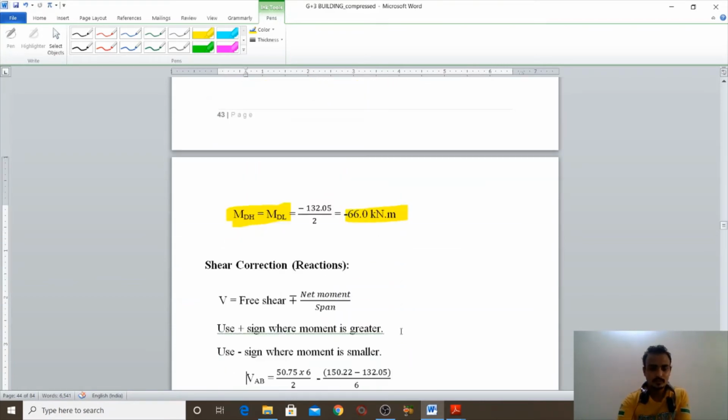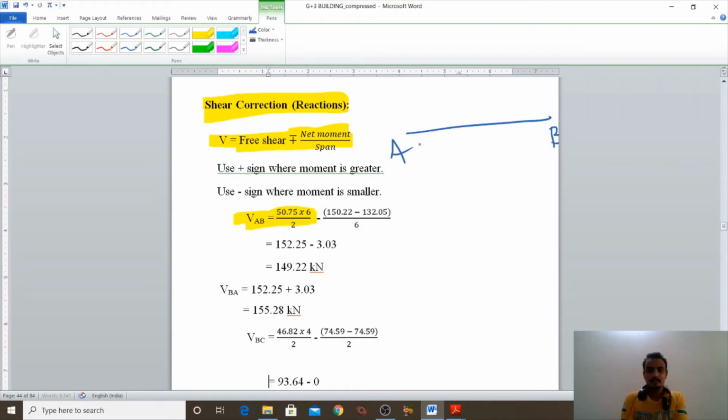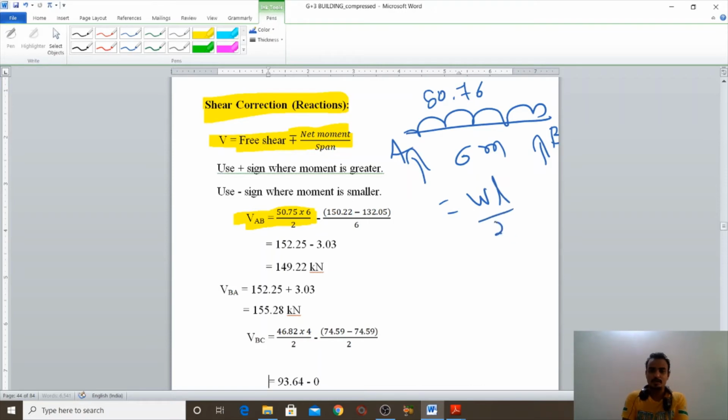Then after that, shear correction. We have to find out shear correction. Shear correction V equals free shear plus or minus net moment about span. Okay. So for VAB, 15.75 into 6 divided by 2, it's a free shear, means a reaction. You can see here is a beam A and B. Load on the beam is 15.75, 6 meter span, UDL load, with reaction at A and reaction at B, and this equation is WL by 2.